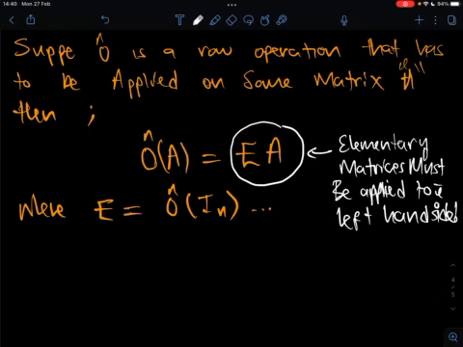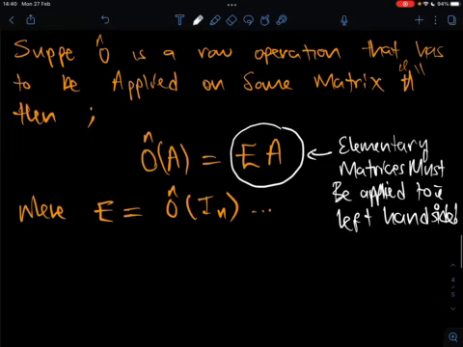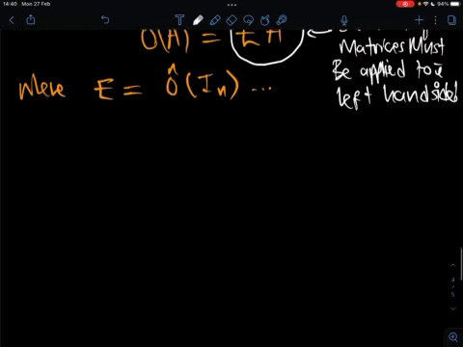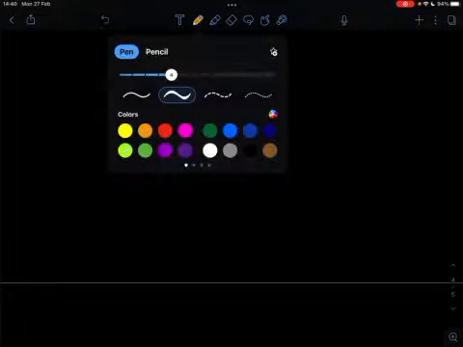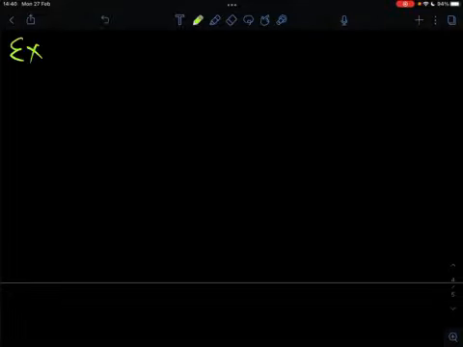Most of the time when you are dealing with matrices. But now let's try an example to see exactly what we are trying to say in all this discussion. So let's consider some practice problems. The first example I would like us to practice is how to actually create elementary matrices.